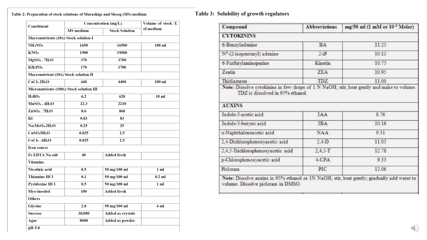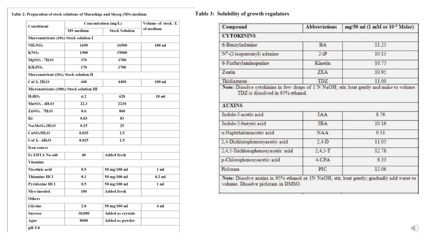The pH is adjusted using 0.1 normal NaOH and 0.1 normal HCl to 5.8. And then we can also add the growth regulators. Growth regulators, we have discussed, are cytokinins, auxins, gibberellins.